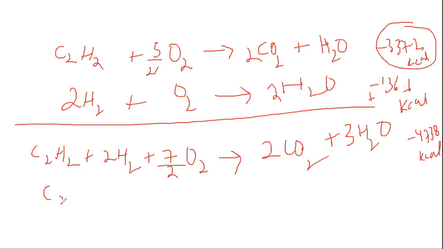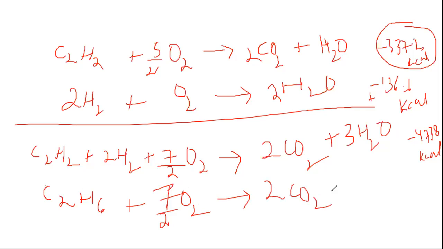Equation number 3 is C2H6 as a gas plus 7 by 2 oxygen gas. The product is 2CO2 plus 3H2O. Enthalpy change for this reaction is minus 372.8 kilocalories.